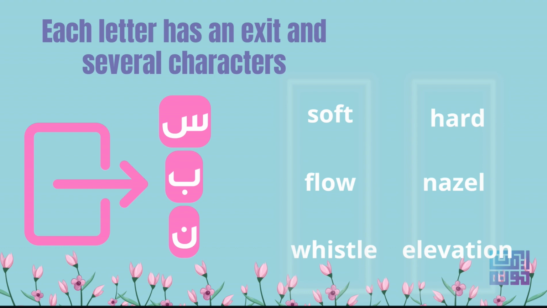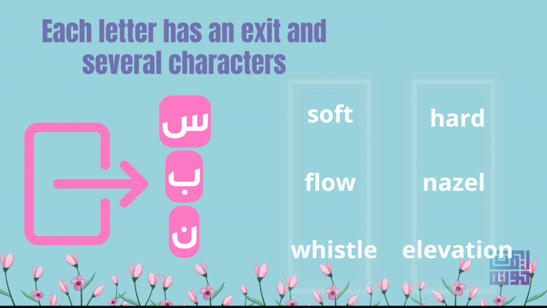And to be able to do this, I need to get a supporting letter, which is a moved letter before the Sukoon letter so that I can pronounce it. The scholars mention that we can use the Hamza because the Hamza is pronounced from the deepest part of the throat, away from most of the letters.